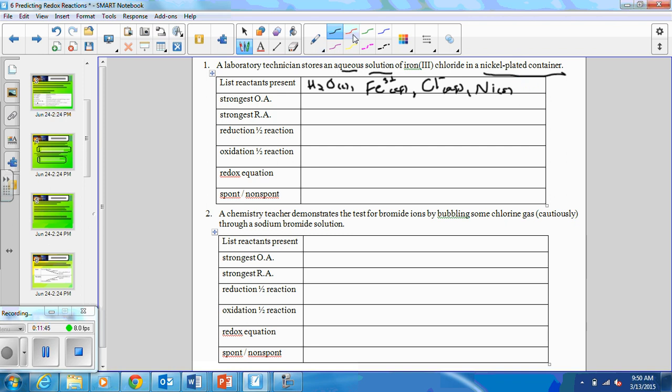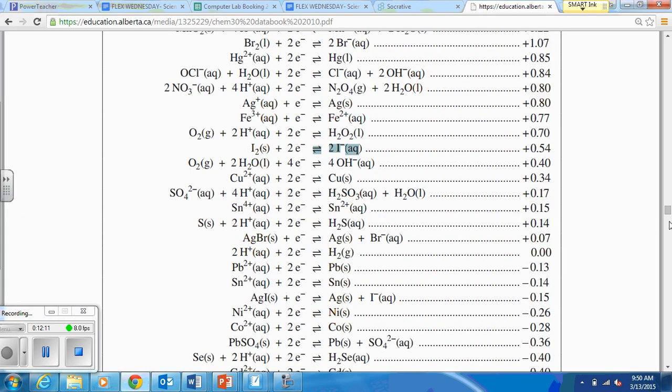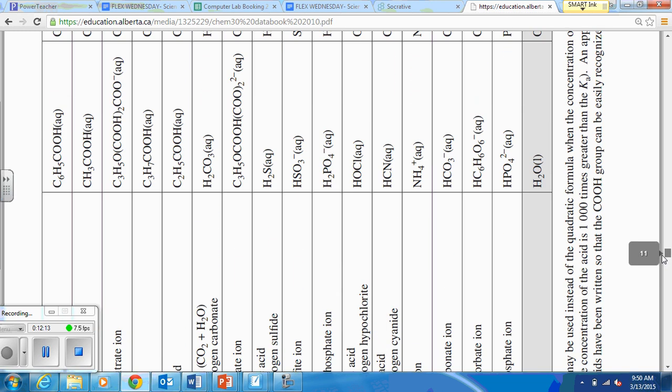Go back and identify all of your OAs, your RAs, and anything that could potentially act as both. So water can be an OA or an RA. Iron 3 plus, Fe3+ is an OA. Cl-, if we check our data sheet, this is actually an RA.